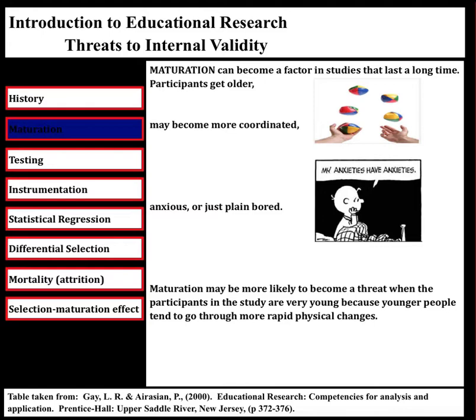You'll see on the bottom it says maturation may be more likely to become a threat when the participants in the study are very young, because younger people tend to go through more rapid physical changes. Picture a sixth grade classroom and the emotional and physical changes over the course of 1 year. Quite a few changes.